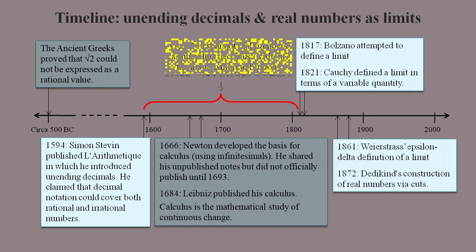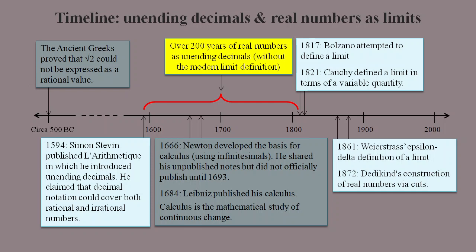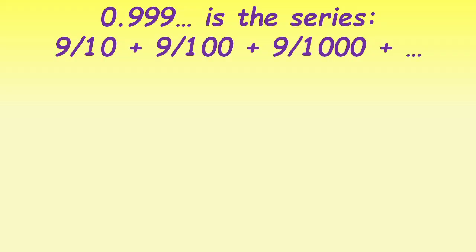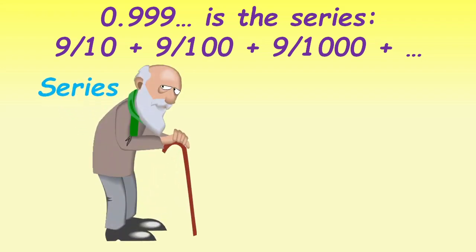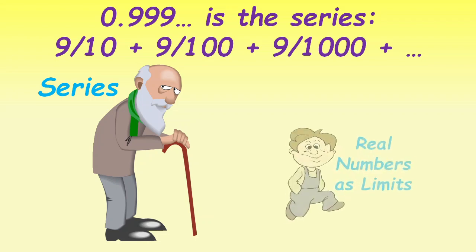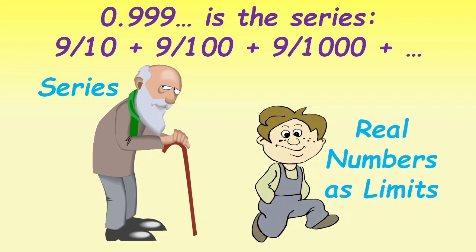And this timeline shows a period of over 200 years where unending decimals were not defined as limits. And if we take 0.9 recurring to represent the unending series 9/10ths plus 9/100ths and so on, then we can call it an old timer, because unending series have been around for thousands of years, long before the new kid on the block called real numbers as limits came along.